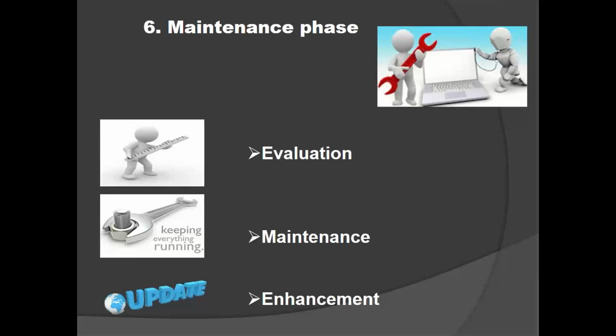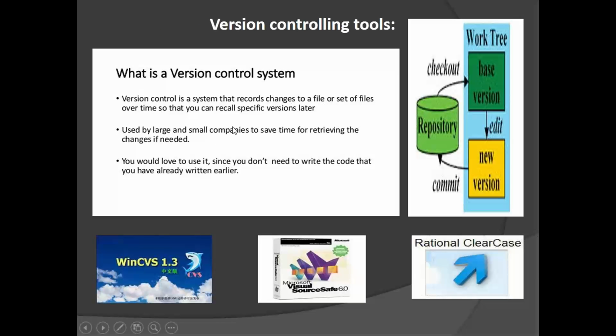Okay. Then we have another topic called version controlling system. This version controlling system is also known as source control or revision control. It explains the management of changes that we are going to do for a particular project, application, or website.